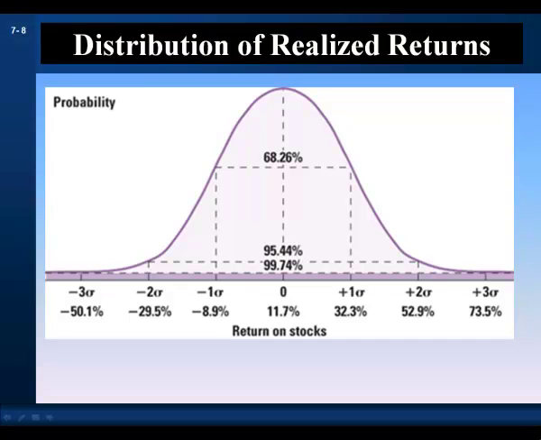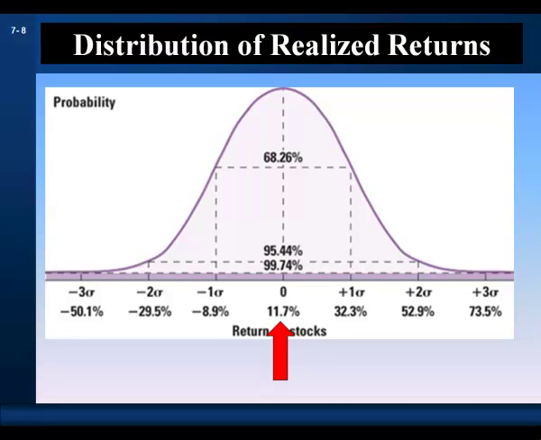Some statistical implications of the distribution, its mean, and its standard deviation. The arithmetic mean of the distribution of returns for the common stock portfolio is 11.7%. This is the best unbiased estimate of the return we should expect to earn in any given year in our 85-year investment period.